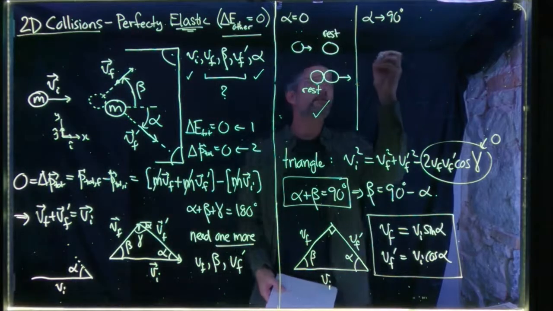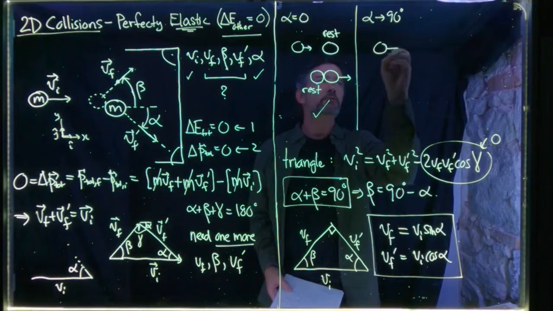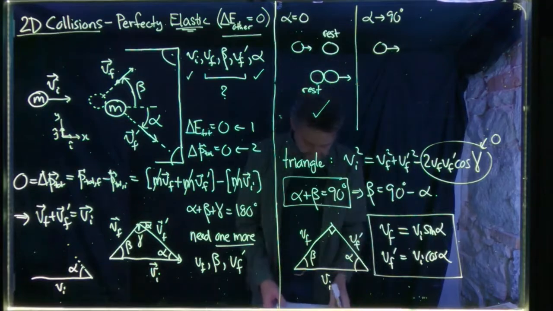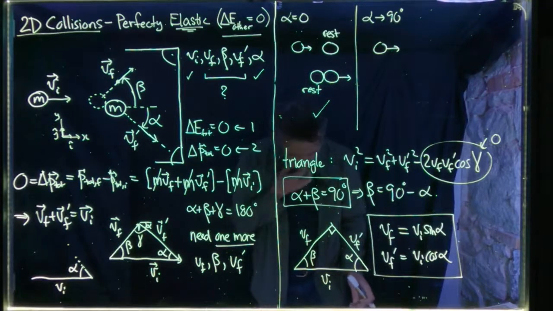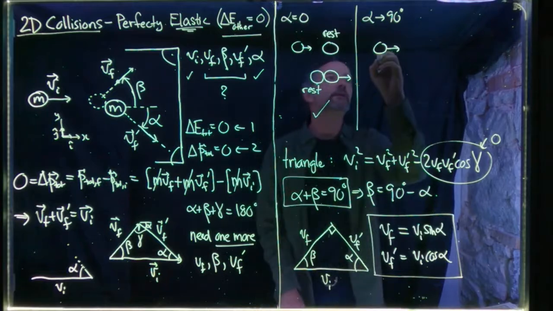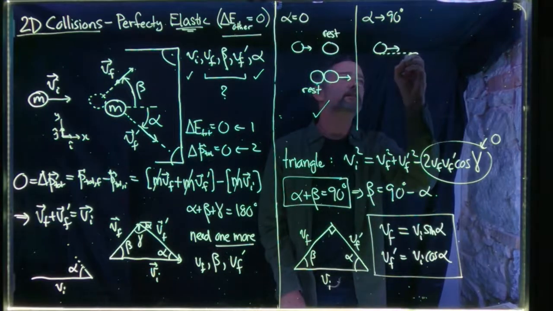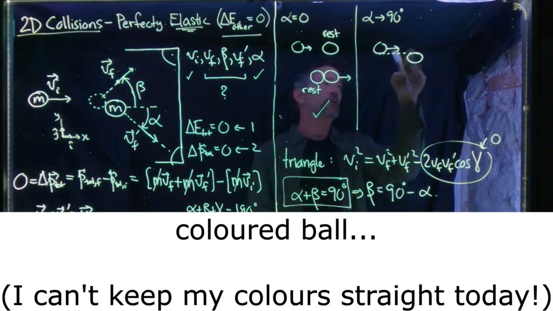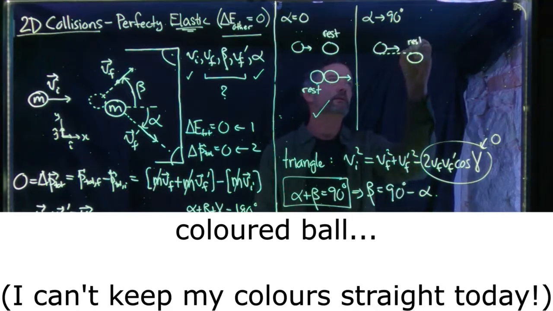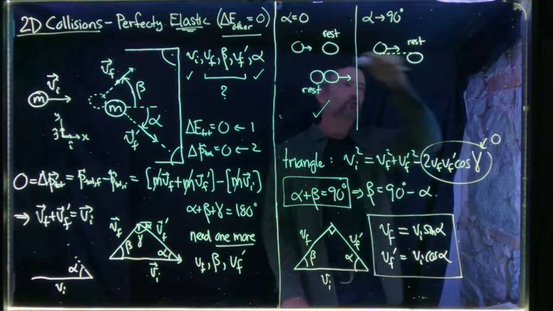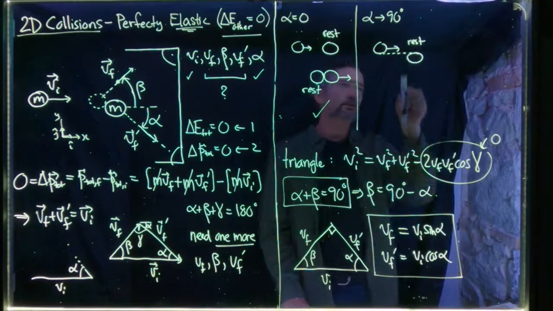So now we have a cue ball moving to the right with some initial speed v initial, and we've chosen it so that it's a glancing collision. It's going to hit that white ball initially at rest, and we're going to try to make that angle nearly 90 degrees.